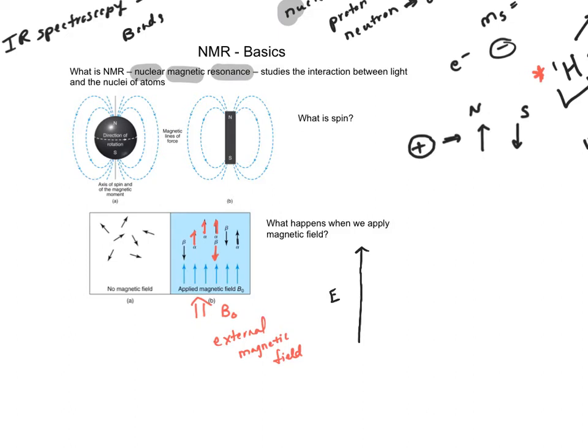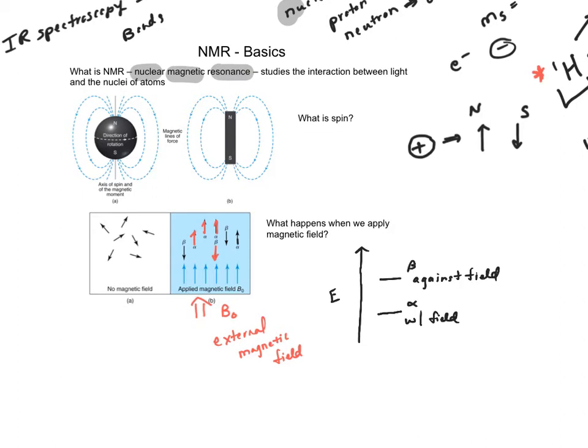Okay, so it ends up being a little bit lower in energy for the one that aligns with the field. So this one is with our field. We call this the alpha spin state. And then at a tiny little bit higher energy state, we have our nuclei that align against the field. And we call that our beta spin state, okay?